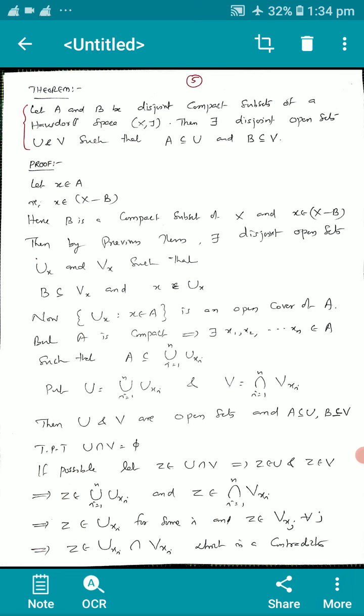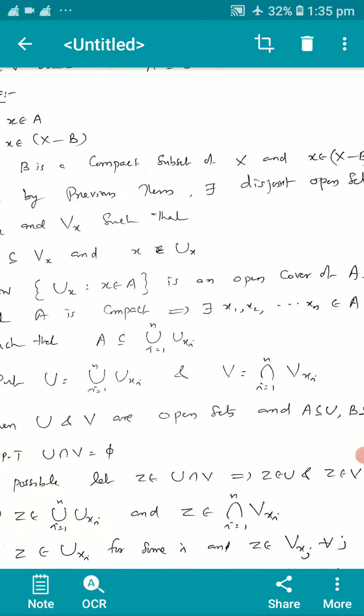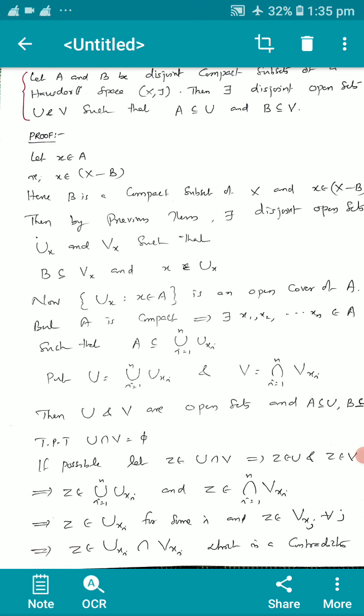Let small x be in A, that means x is an element of capital X minus B. Hence B is a compact subset of X and small x is an element of X minus B. Then by the previous theorem there exist disjoint open sets Ux and Vx such that B is a subset of or equal to Vx and small x is an element of Ux.